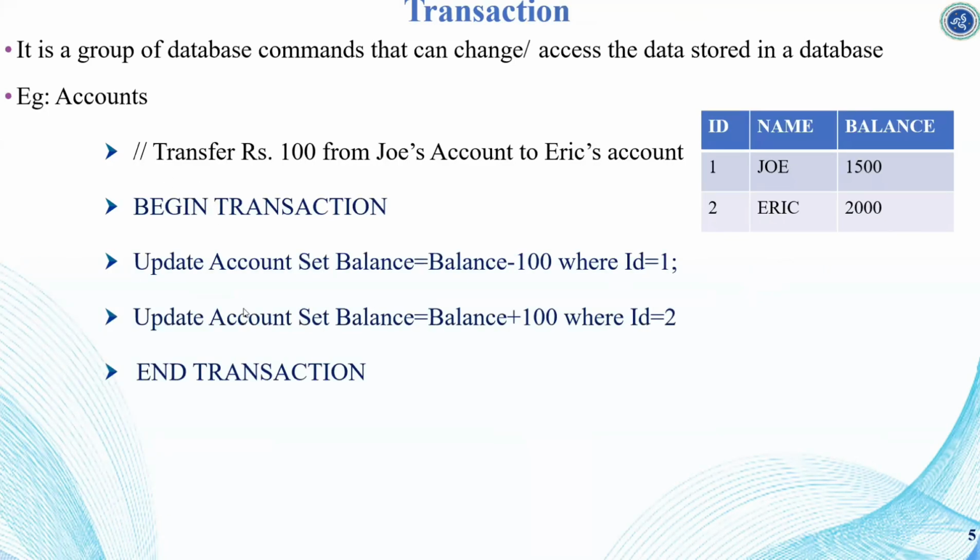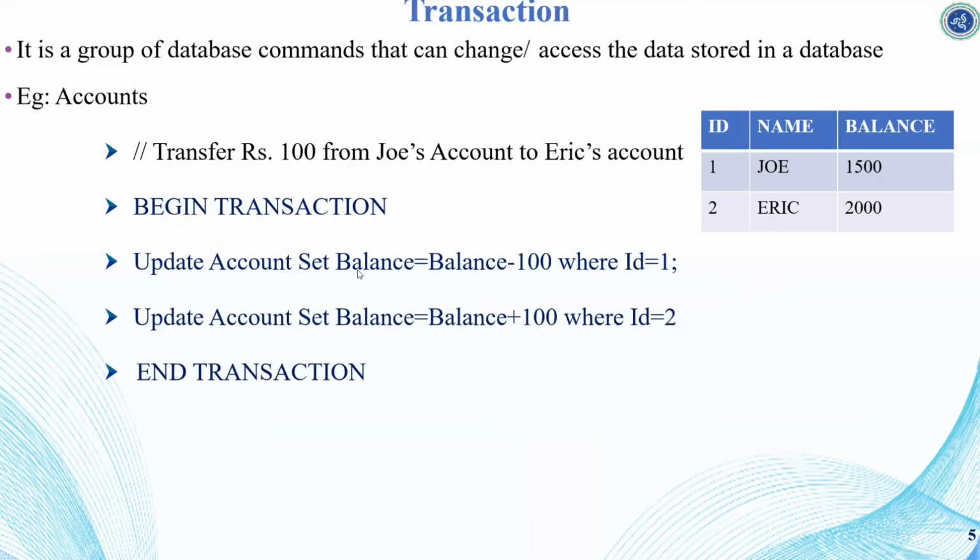These are the different steps. First we have to begin the transaction, and second we need to update the balance amount of Joe's account. Here the account balance will be updated with the help of the unique ID, which is ID number 1.